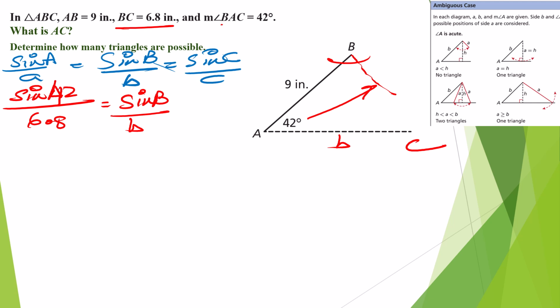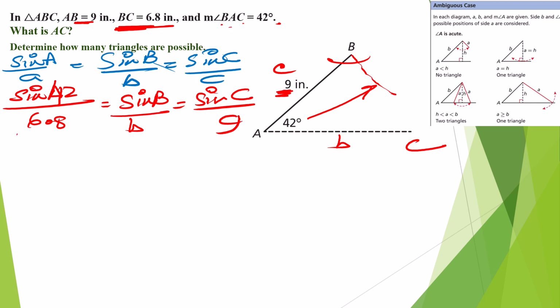But AB is 9, equals sine C over c. Now small c is 9.